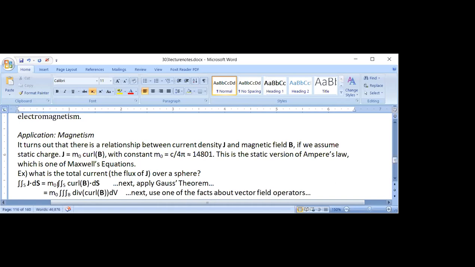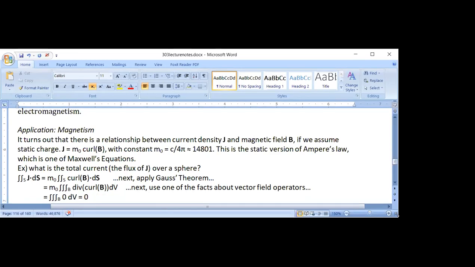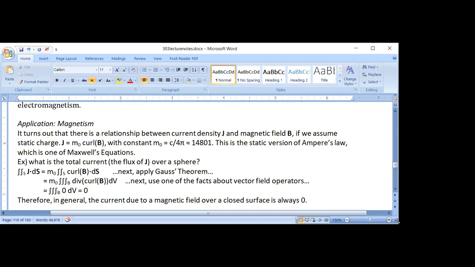But now we apply one of our known facts about vector field operators. The divergence of the curl of a vector field is just 0. So therefore, the triple integral is just 0. This tells us that in general, the current due to a magnetic field over a closed surface is always 0.